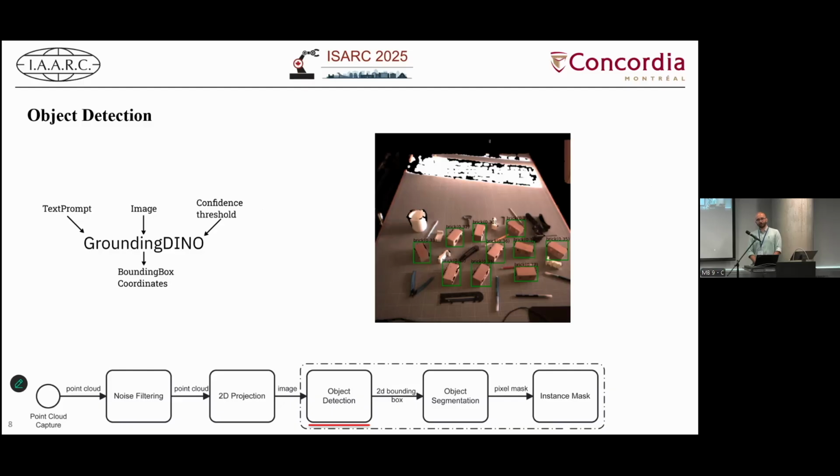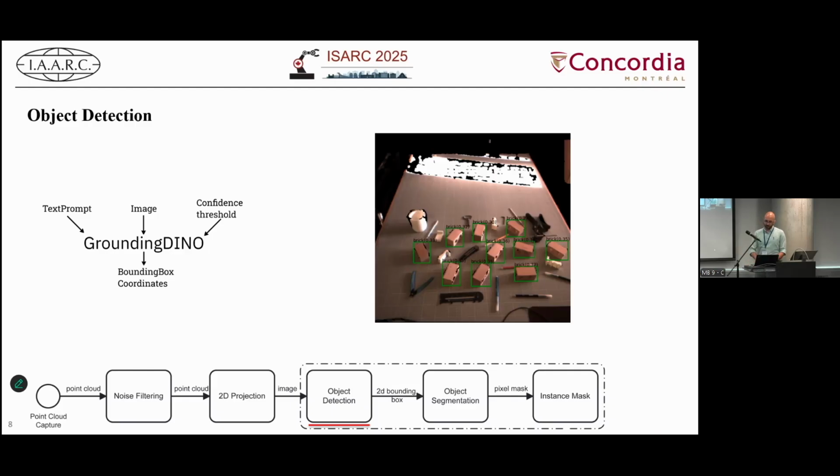For object detection, we are using GroundingDINO, a zero-shot algorithm already trained on billions of images. We input a text prompt and an image. The text prompt can be any class name it has been trained on, and it has been trained on thousands of different classes.